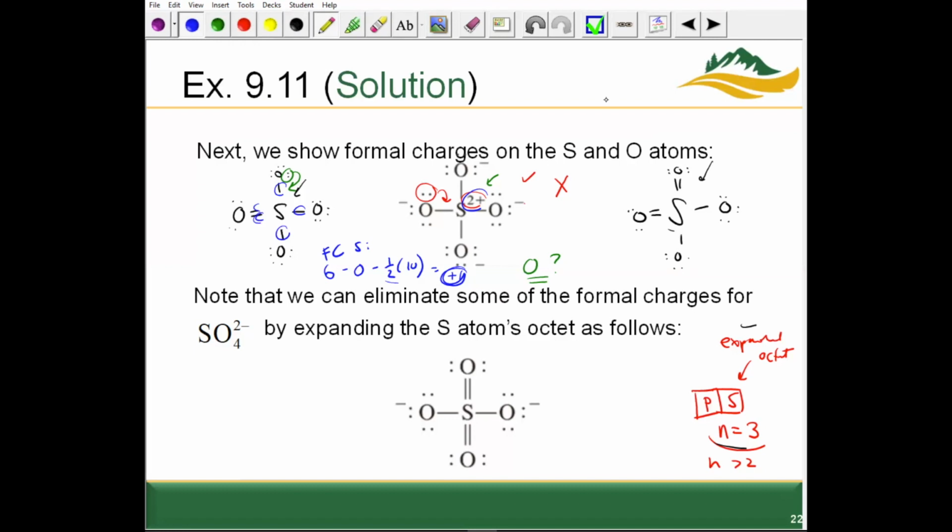Let's check its formal charge. 6 valence electrons minus 0 electrons in lone pairs minus 1/2 times now 1, 2, 3, 4, 5, 6, 7, 8, 9, 10, 11, 12 electrons in bonds around that central sulfur. 6 minus 6, we have achieved a 0 formal charge.